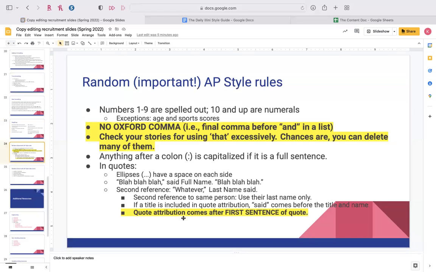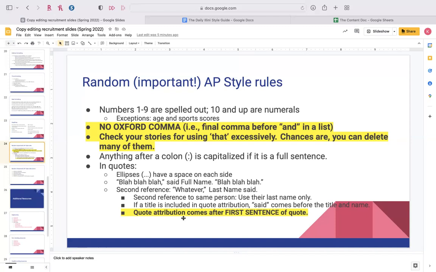There's a lot of random AP style rules, but here are some of them. When you're talking about a number, one through nine are going to be spelled out, like one, nine. But any number 10 and above would be a numeral, like 10.